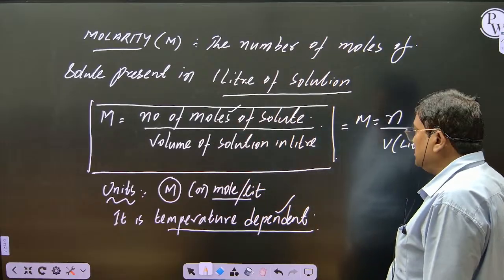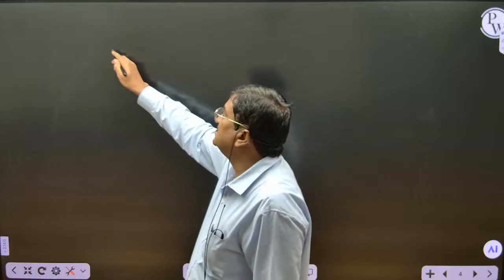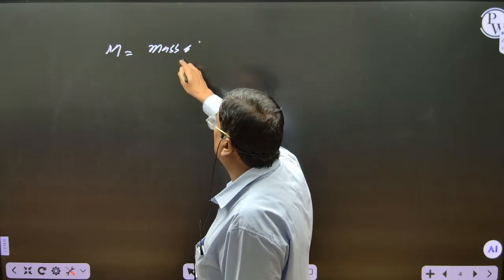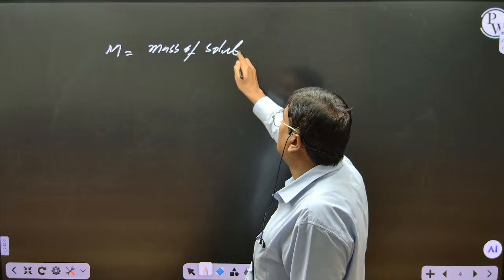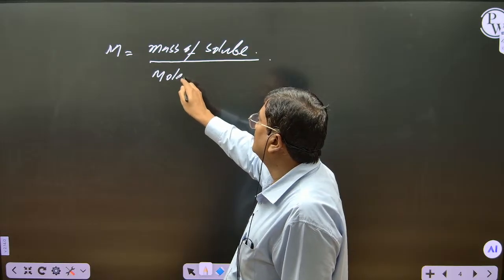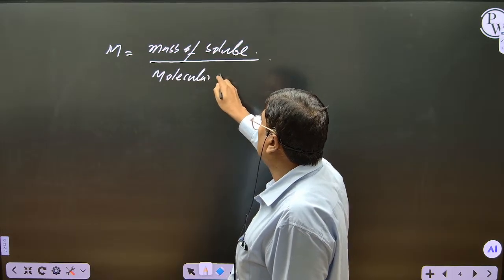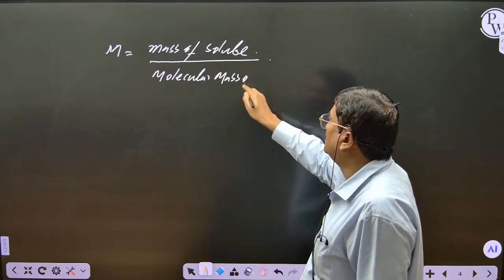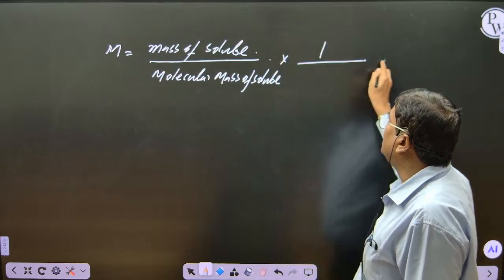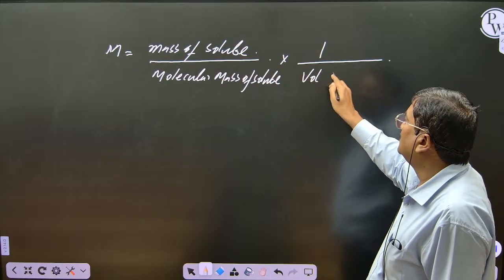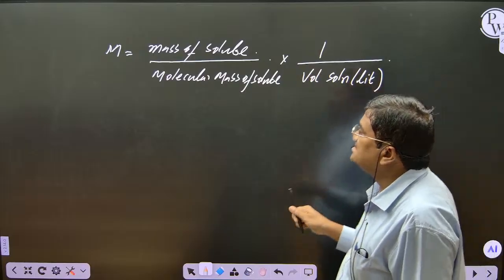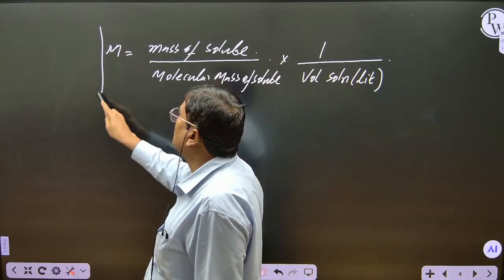In the above relation, I can write mass of solute by molar mass of solute into 1 by volume of solution in liters. This is the relation when we expand the above equation.